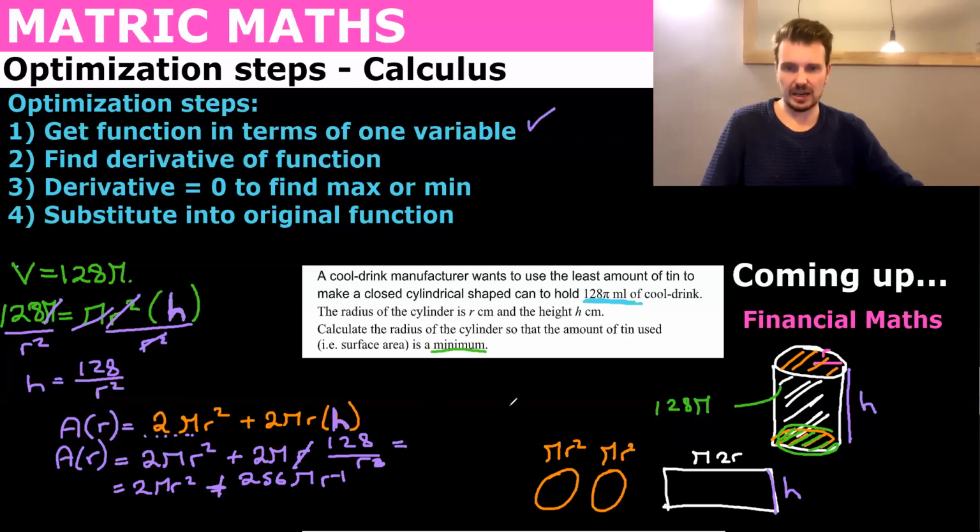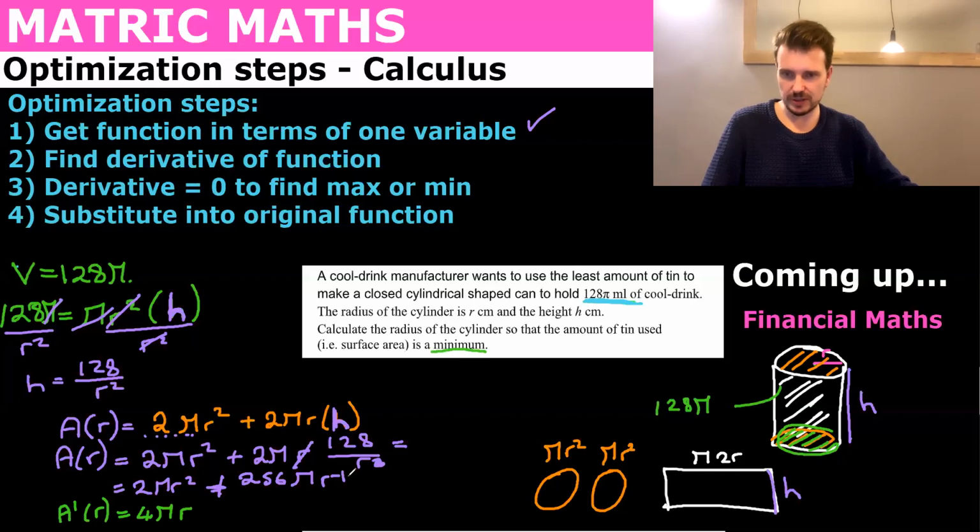Now I need to find the derivative. This is going to be a bit easier. So now I'm going to do the second step in green. And so I'm going to say A dash r equals 2 times 2 is 4 pi r, because if I take 1 off the r, I get r, because it's 2 minus 1.